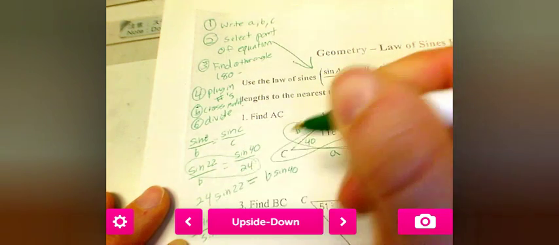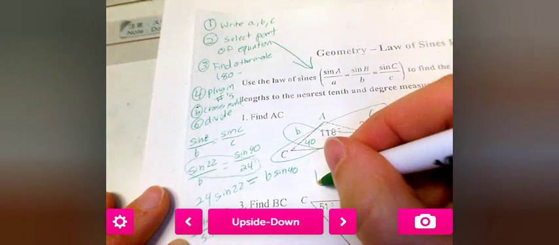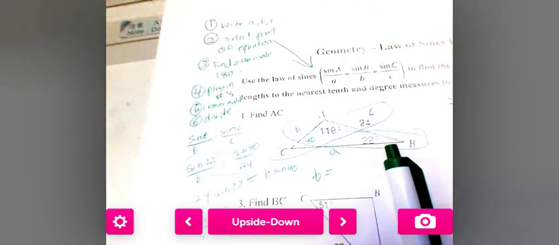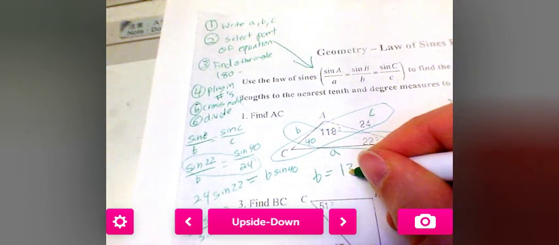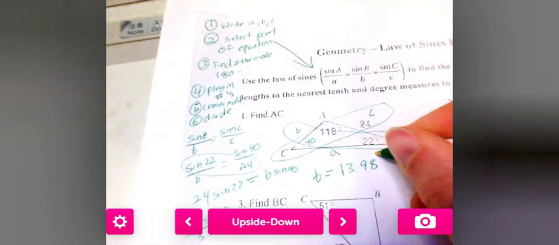I'm just going to put that in my calculator, and it's going to give me what b equals. I like to use control divide to make the fraction. 24 sine 22 divided by sine 40. And I get 13.98 is my answer.